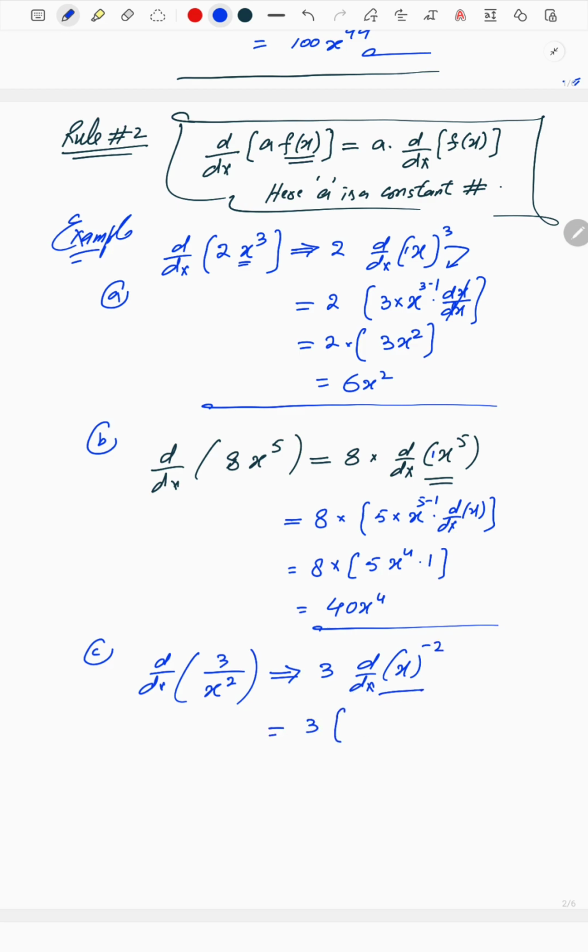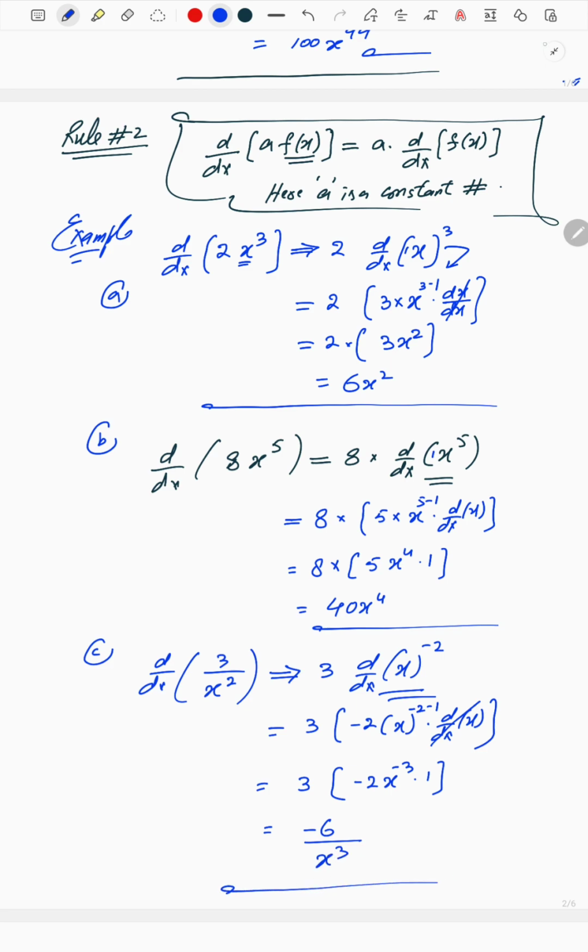Again apply the power rule here: write the power, make 1 less from the power and differentiate the function. 3 times minus 2 x^(-3) and dx by dx is 1. So minus 6 over x^3 is your final answer. I hope you understood.